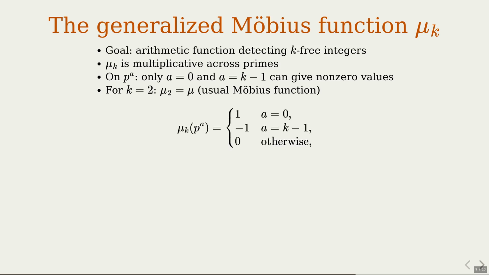On each prime power, mu k takes value 1 at exponent 0, -1 at exponent k-1, and 0 everywhere else. With this definition, the sum of mu k over divisors whose kth powers divide n is 1 exactly when n is k-free and 0 otherwise. So, mu k is the natural generalization of Möbius that inverts the operation of attaching kth powers.